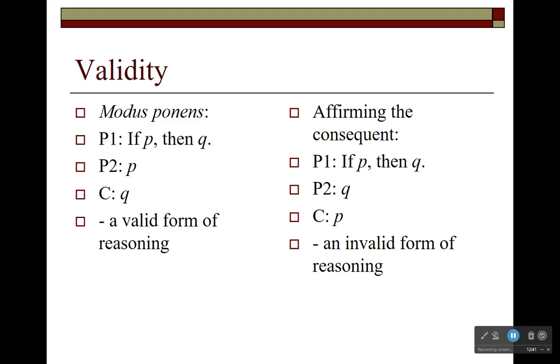So any argument that falls into that pattern, if P then Q, P therefore Q, is going to be a valid argument, because that's a valid form of reasoning. Any argument of this form, modus ponens, always satisfies this test: if the premises were true, would the conclusion be necessarily true? That's always going to be the case with any argument of the form modus ponens.